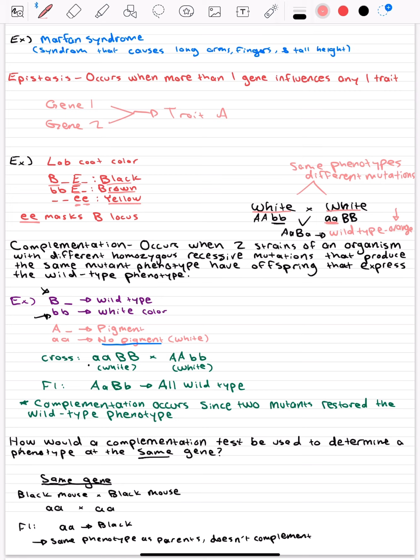If we were to cross both of these strains of organisms together with the different mutations, though they have the same phenotypes, we would get an F1 progeny being all heterozygous, carrying at least one big allele for each of the loci, restoring the wild type allele, or the wild type phenotype. So in this case, complementation occurs since two mutants restored the wild type phenotype.